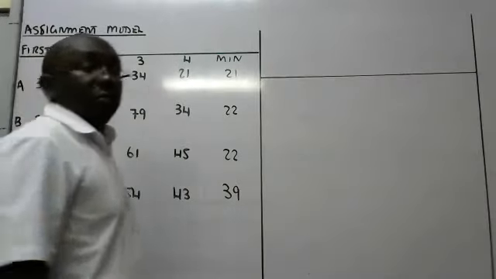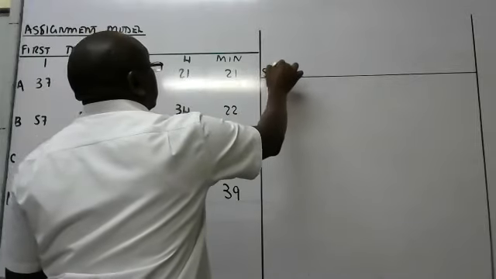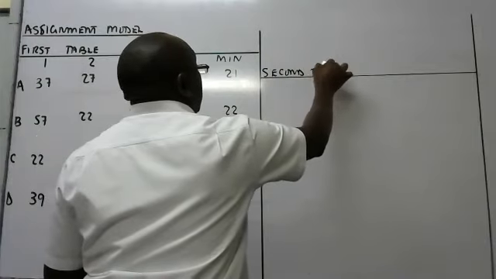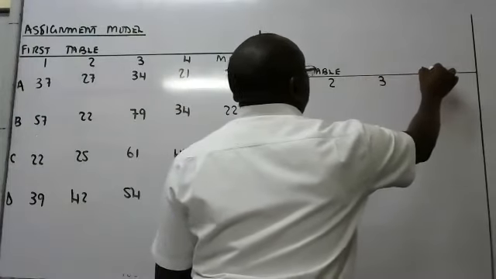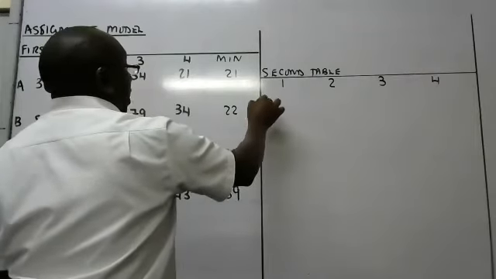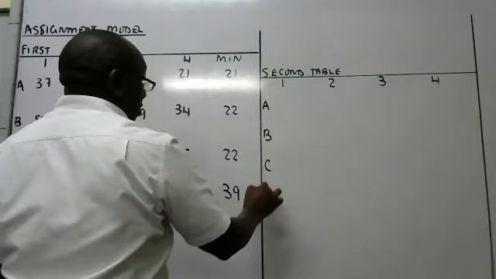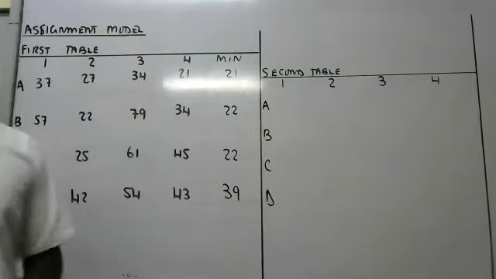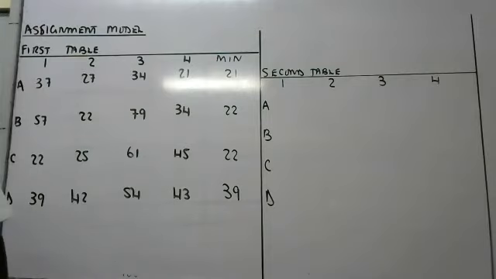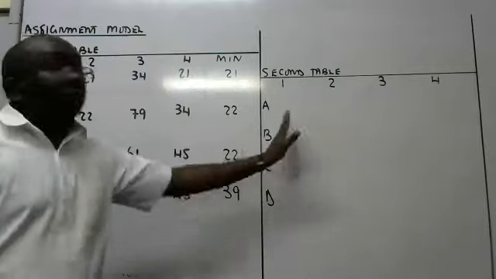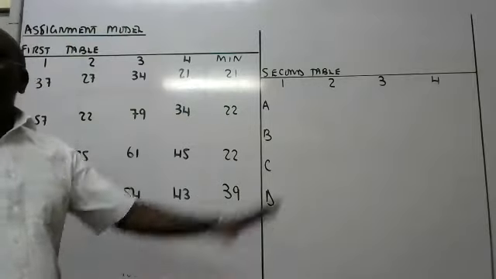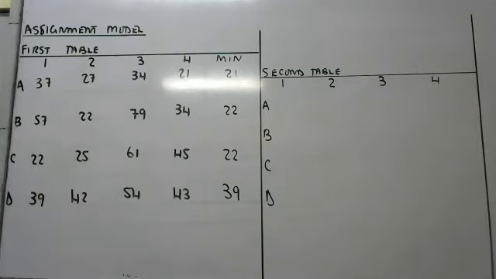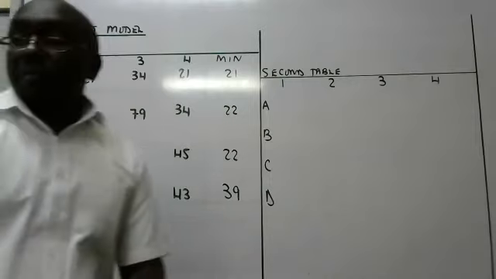We are creating the second table, where I will have 1, 2, 3, 4, then A, B, C, and D. We design that frame. Down there, the second table.